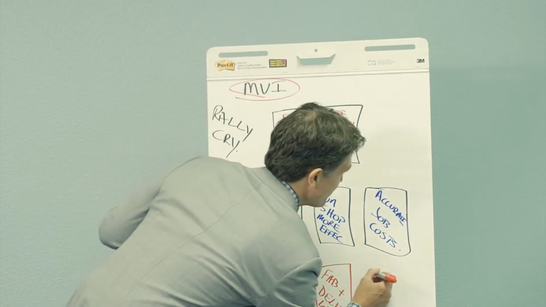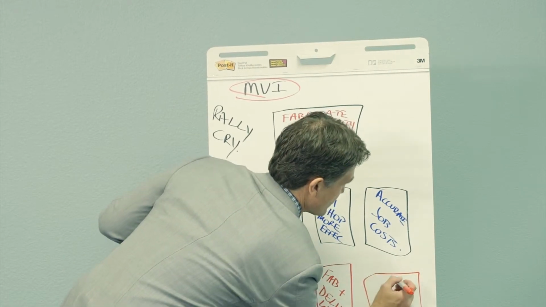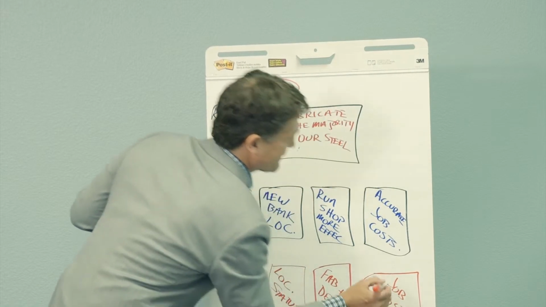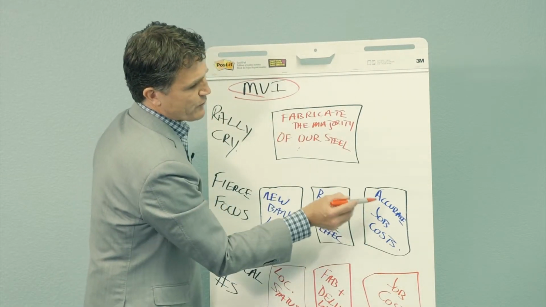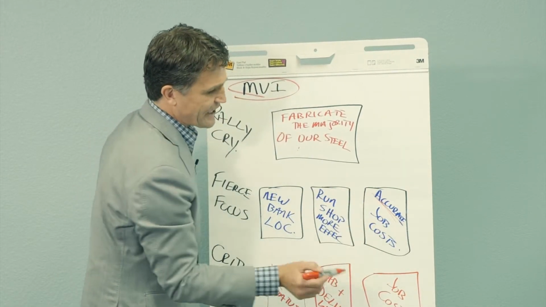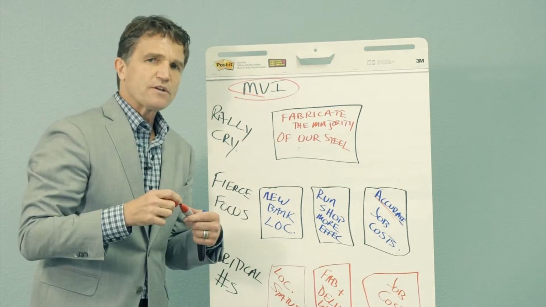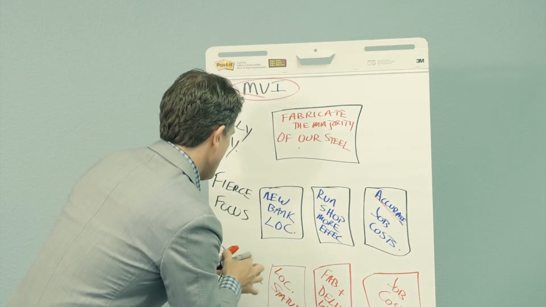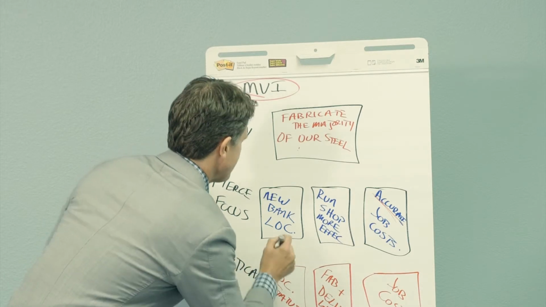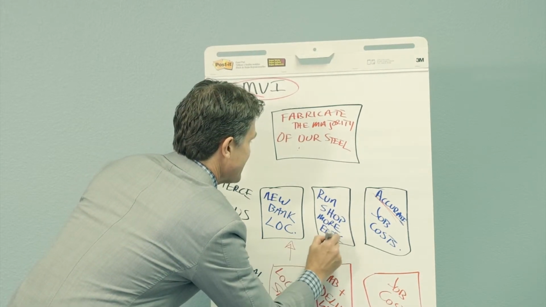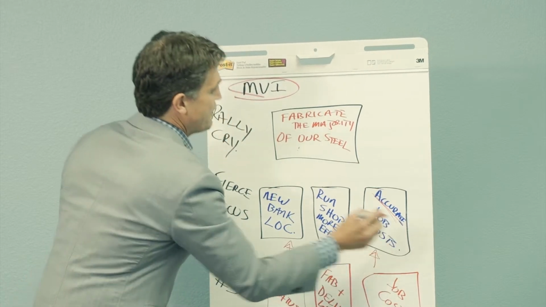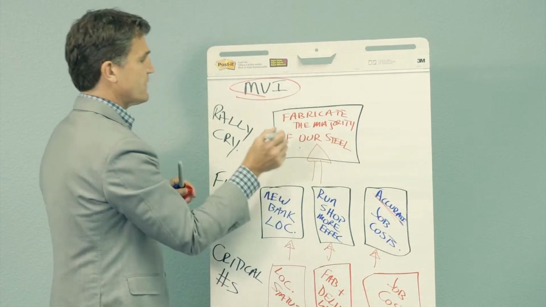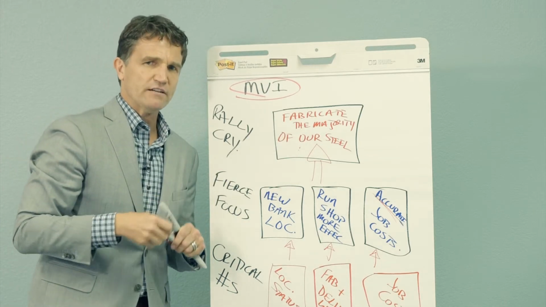And then the third one was simply looking at the job costs and really working those to see what the numbers were to ensure that they were actually getting accurate job costs. So as you can see, the critical numbers told them whether or not this fierce focus was getting done. And if the fierce focus was getting done, then they could be confident that the rally cry was being achieved.